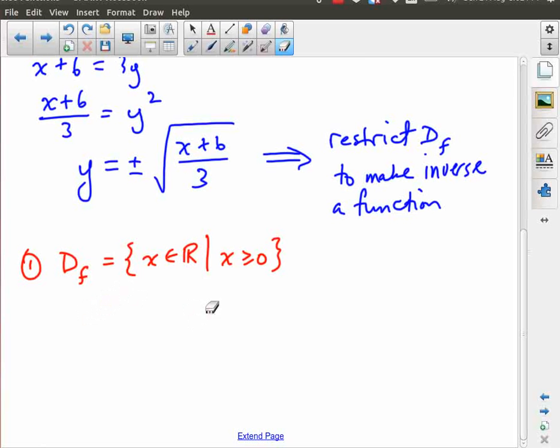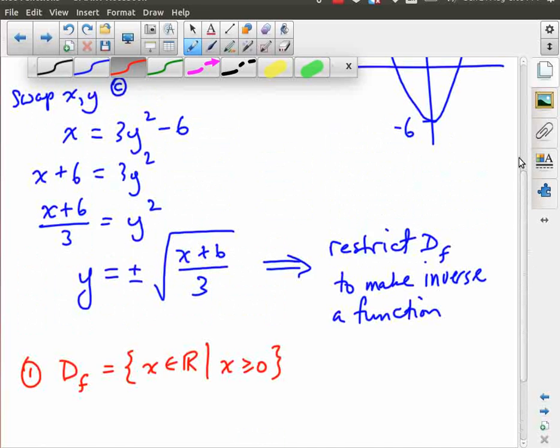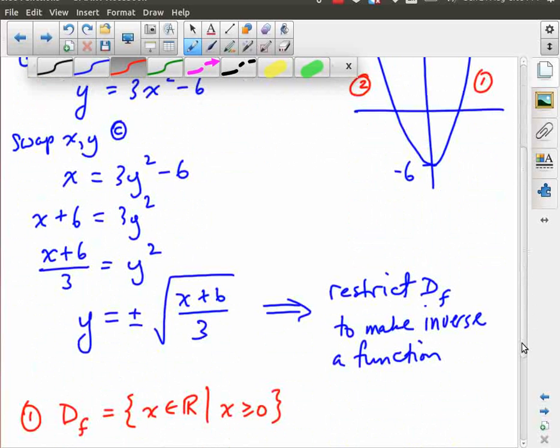All I need to do now is say, what is my inverse function? If the domain of f is these x values greater than 0, then what part is that going to give me for the inverse function? You know what, maybe we do need to go a little bit further here.